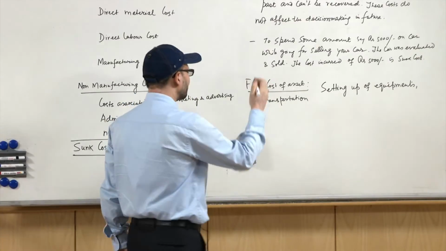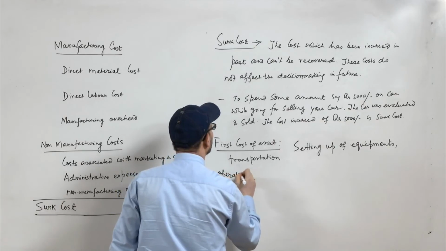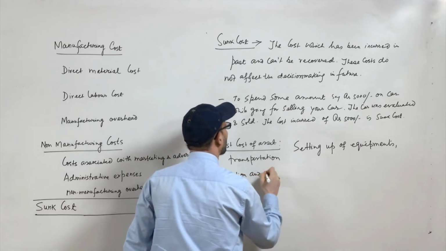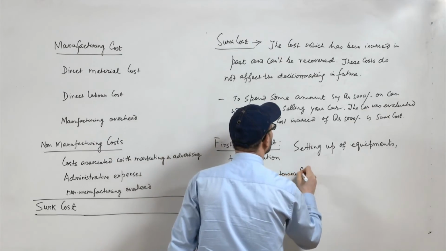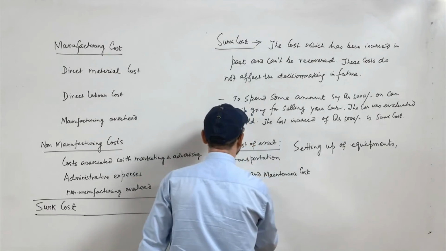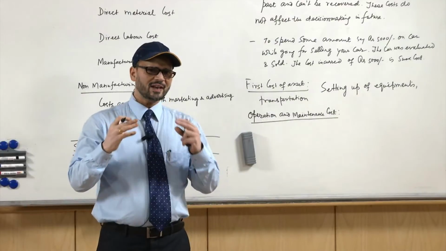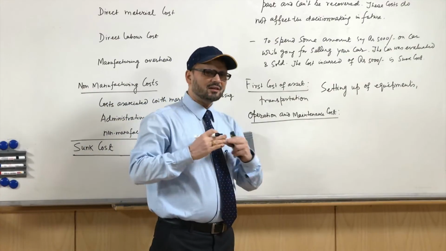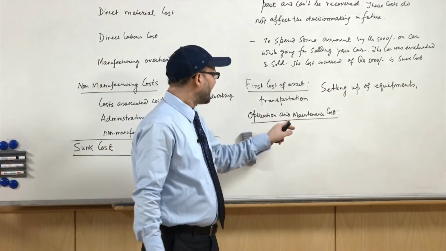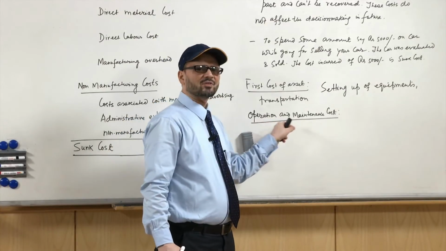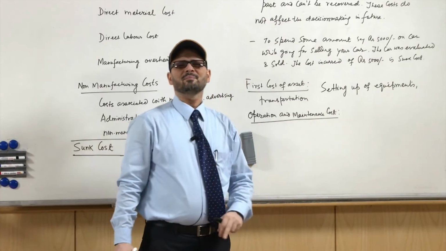Contrary to that, there is a cost known as operation and maintenance cost. This is the cost which deals with running the production. When the production run is going on, all the costs incurred at that time are under operation and maintenance costs.